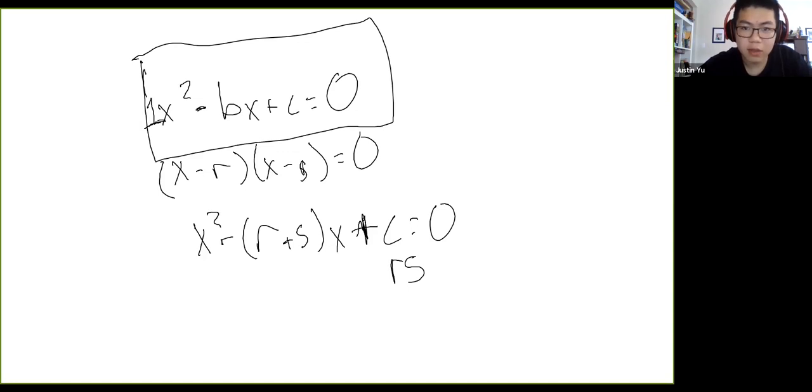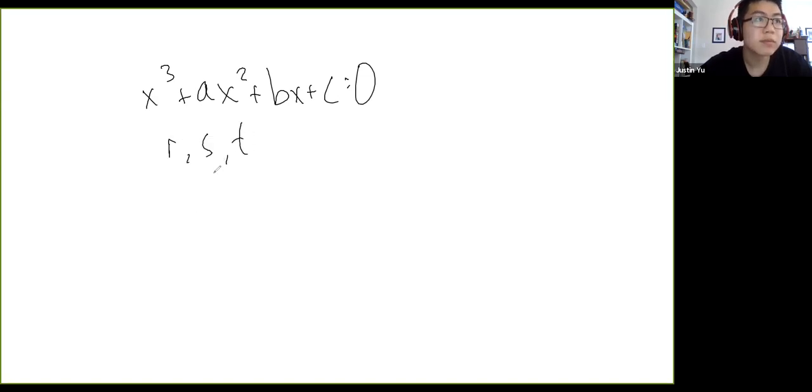All right, so I'm going to do this except x cubed plus ax squared plus bx plus c. This time the roots are r, s, and t. Can anybody tell me what r plus s plus t is equal to? I'm getting a lot of negative a's. That's correct. Remember, we want this to be negative.